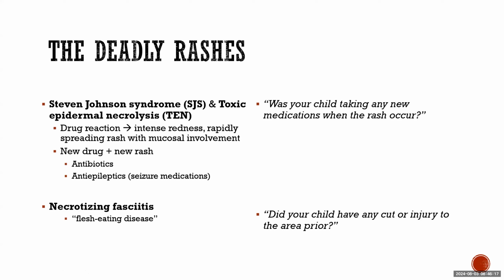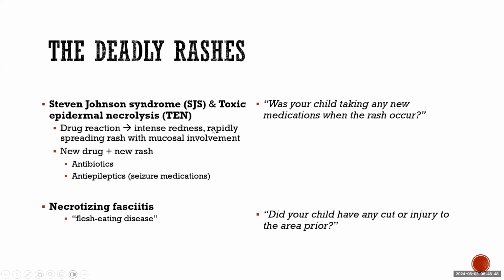These are usually drug reactions, with intense redness usually involving the mucosa, and usually associated with antibiotics and anti-epileptics. So the question is, was the patient taking any new medication when the rash occurred? That is very important, to establish the temporal relationship between the rash and the introduction of a new medication.